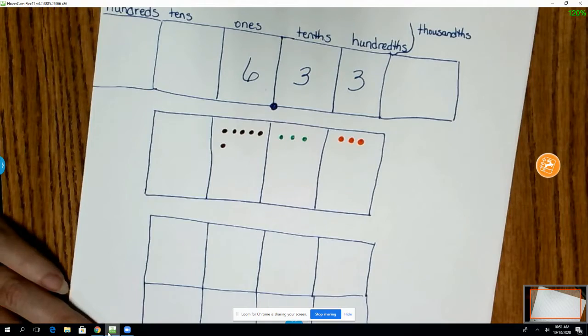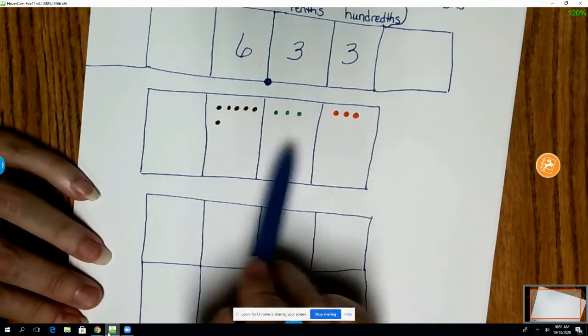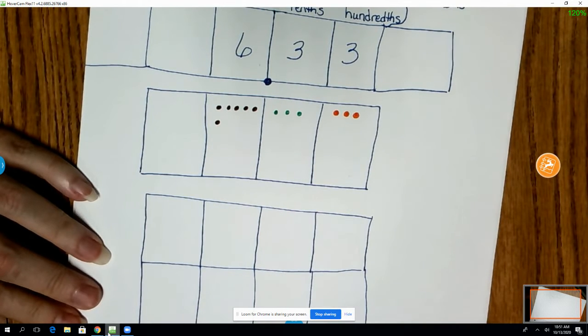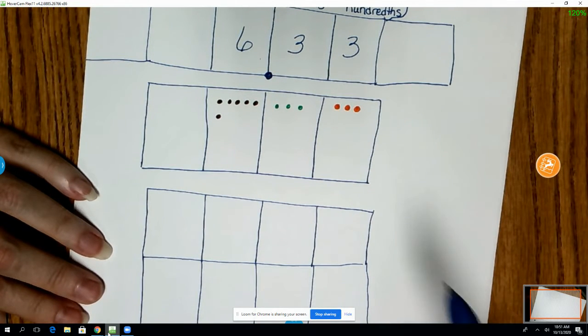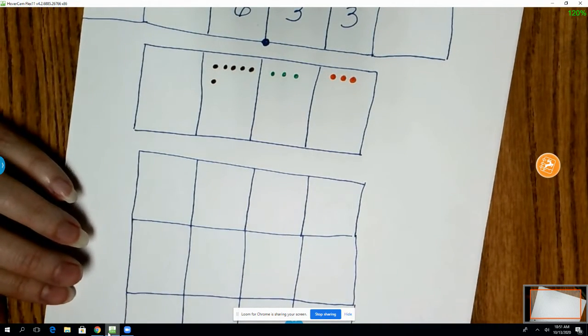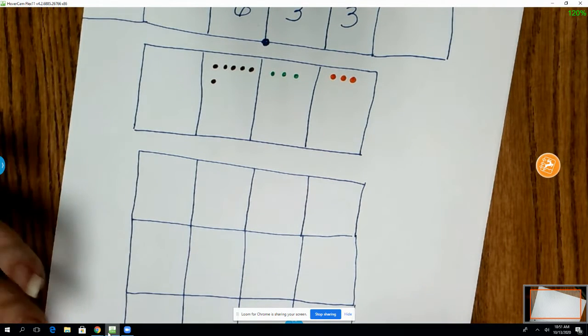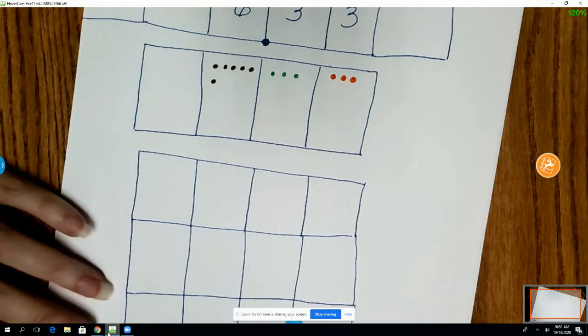Okay, so here I am. Now I'm going to be taking these and dividing them into my 3 groups. Each group has to have the same amount. So I'm going to start with what I can easily divide right now, and then I'll take a look at the other later.